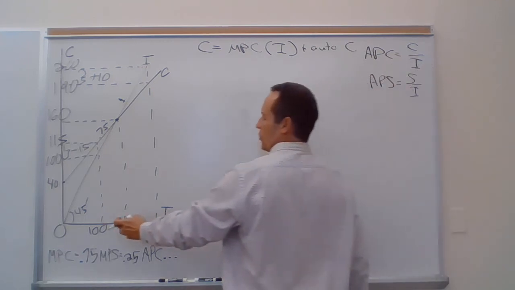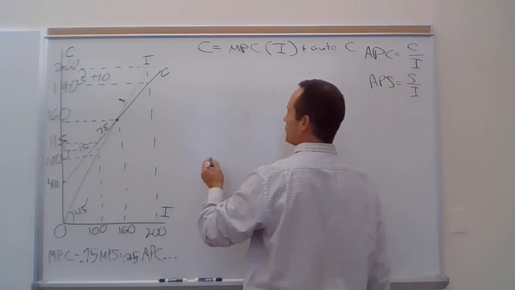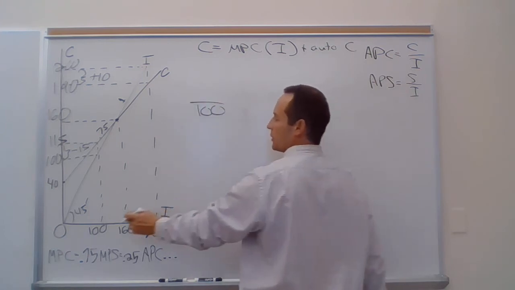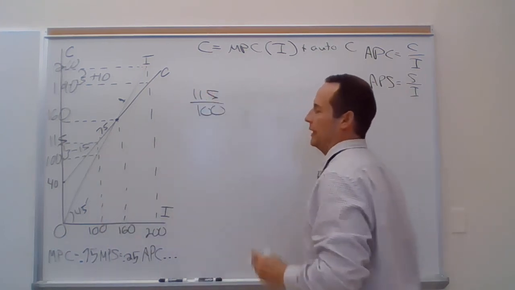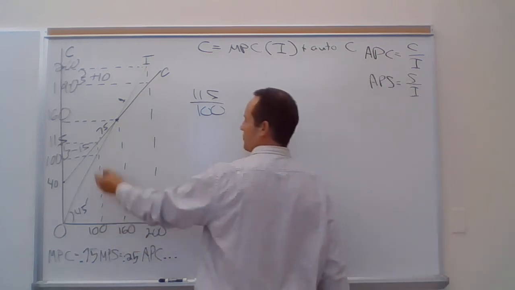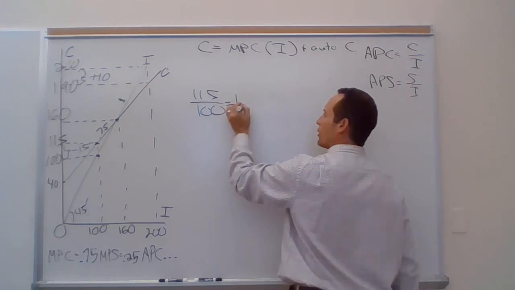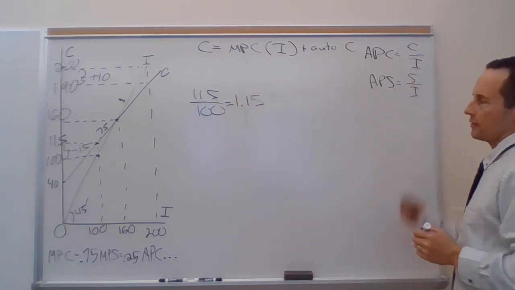For income 100, we have consumption of 115. So at this level of income, our APC equals 1.15.